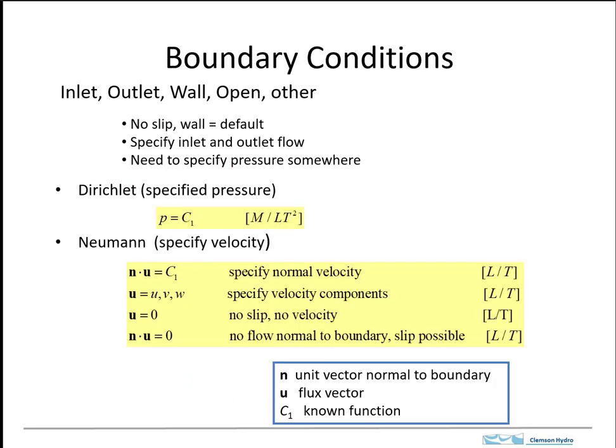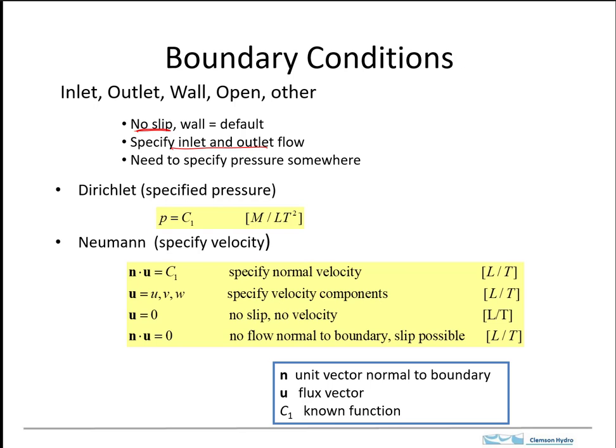So in order to solve these problems, we'll need to have boundary conditions. The default boundary condition is that there's no slip along the wall. So the velocity at the wall is equal to 0. We could also specify the flows at the boundary, the flows normal to the boundaries.